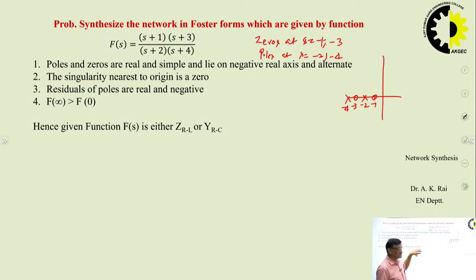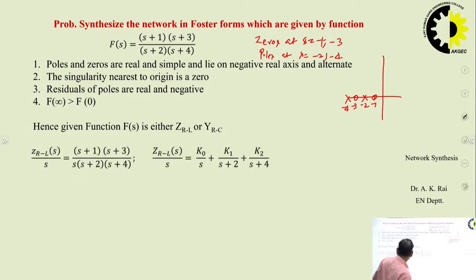Now, invert this, we get the ZRC, and we can make the Foster first. So, all three groups of students have given the correct answers, because nothing was mentioned. If it is mentioned to synthesize the network in the Foster forms of RL network, then they have to make the ZRL and then invert it to get the Foster second.